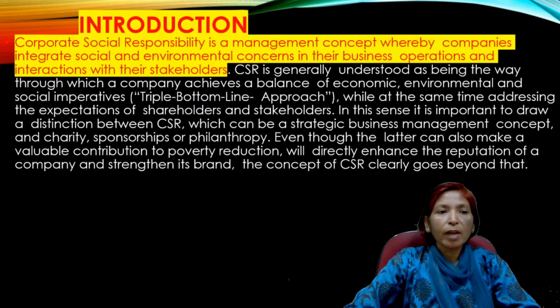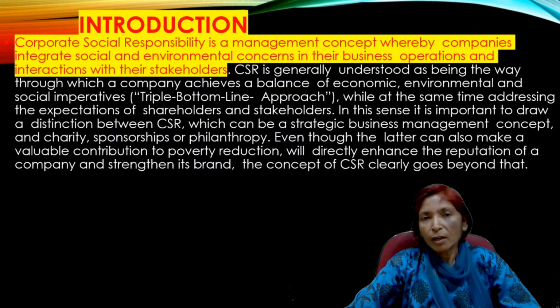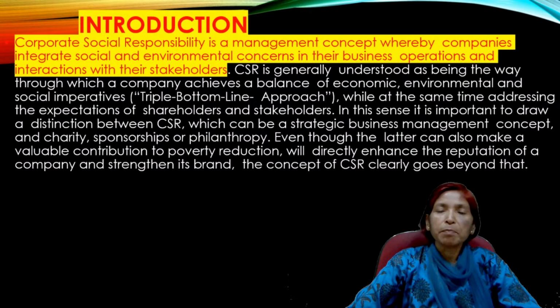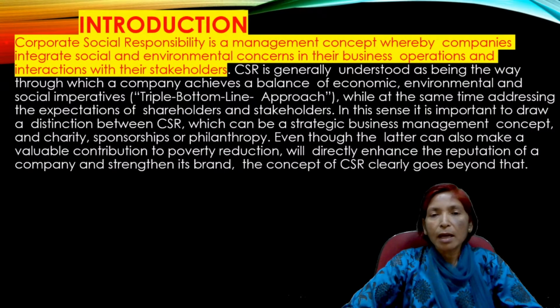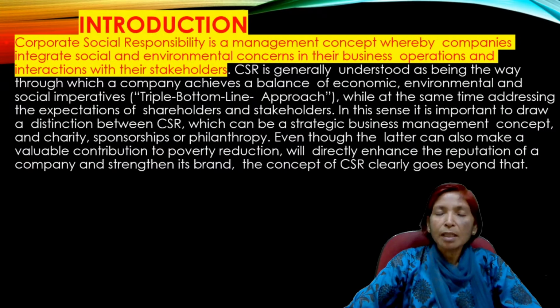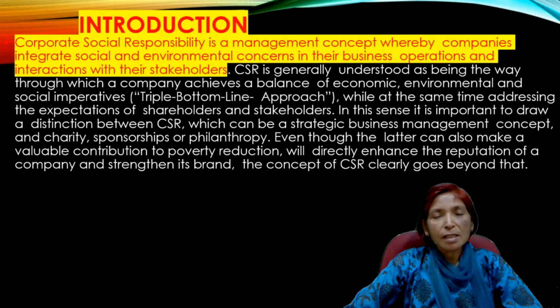CSR is generally understood as the way through which a company achieves a balance of economic, environmental, and social imperatives. It means triple bottom line approach. And what are these three concepts? These three concepts are related with economic.